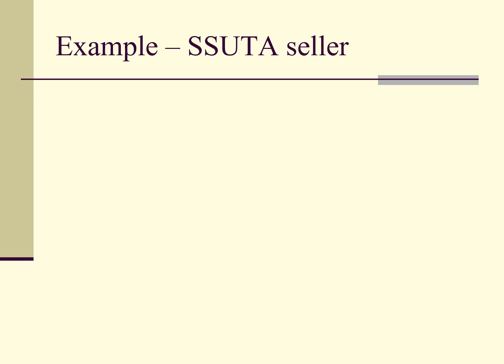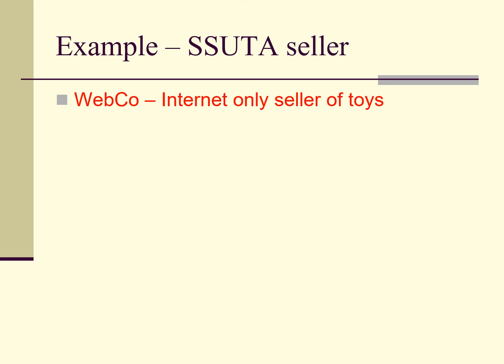Now let's change the facts in this example to make Webco a seller registered with the SUTA. Once again, Webco is an internet-only seller of toys. Webco has decided to register with the SUTA. In later lectures, we will discuss why it may be advantageous to do so.